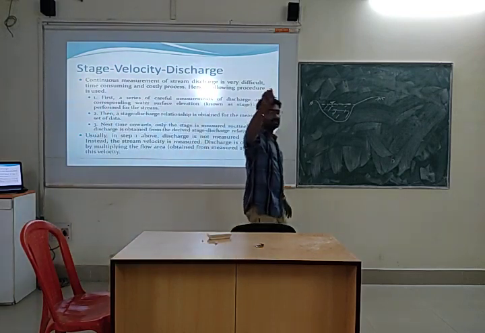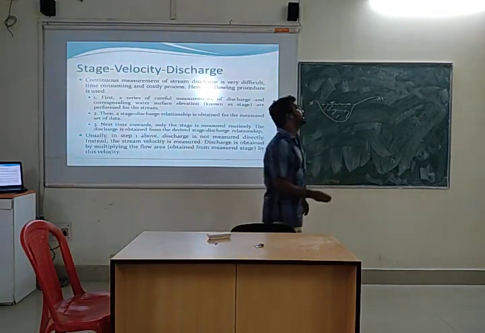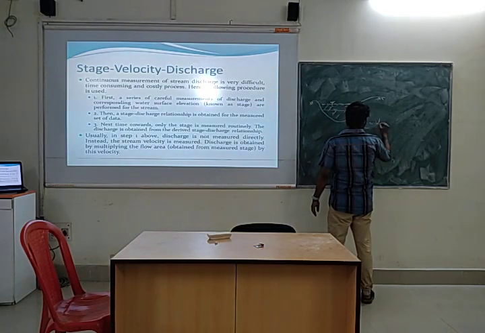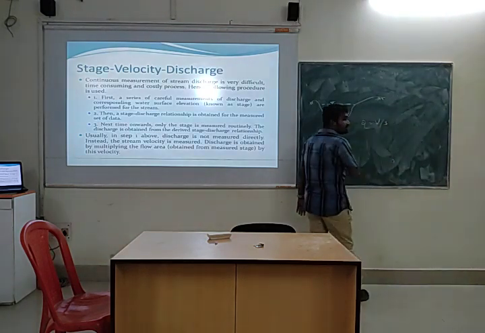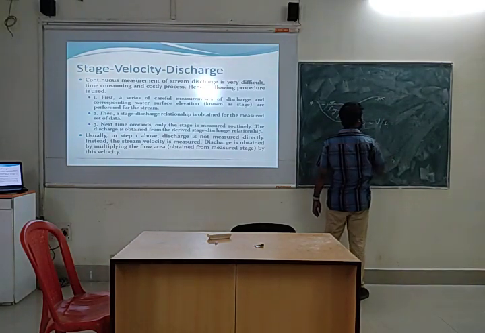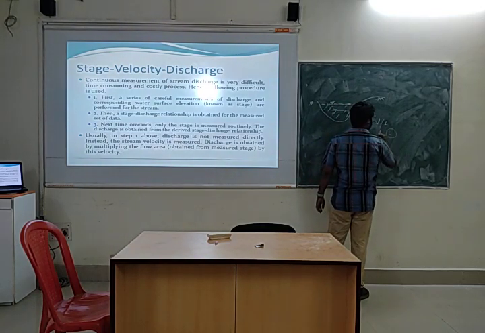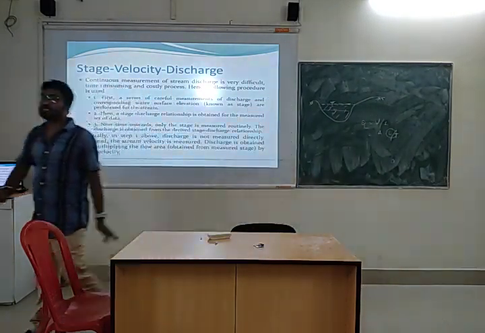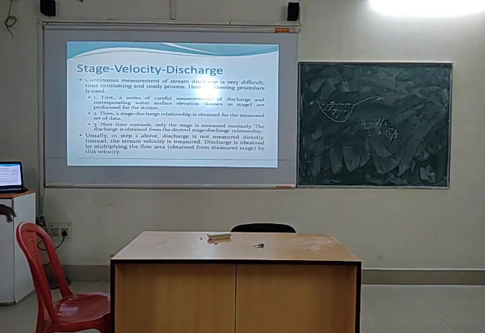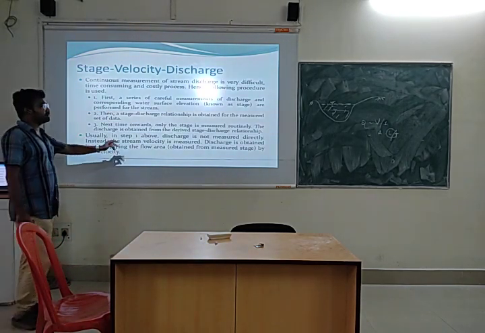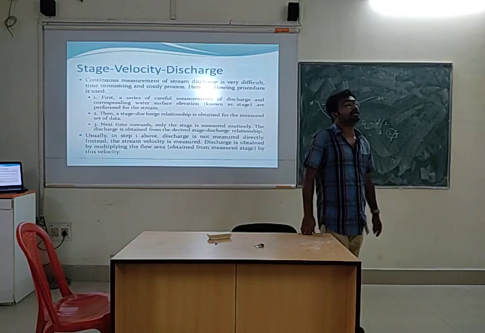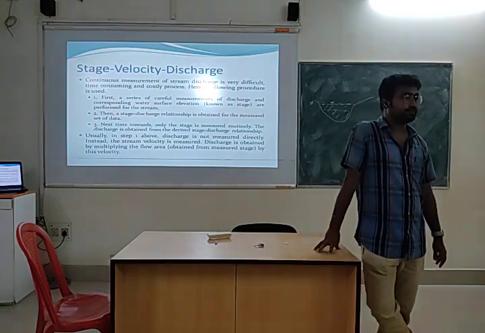Right? Discharge Q will be equal to area, that is volume per unit time, right? Volume per unit time, that can be referred to as T. Volume, we can find out as area multiplied by some sort of length per unit time. So we are not finding out the discharge directly. Instead, we are finding out the velocity first of all, and the cross sectional area.